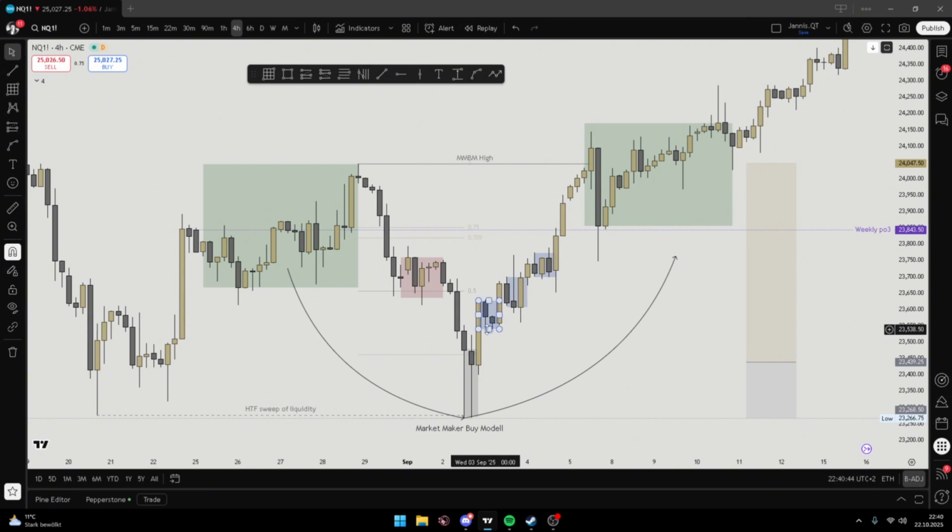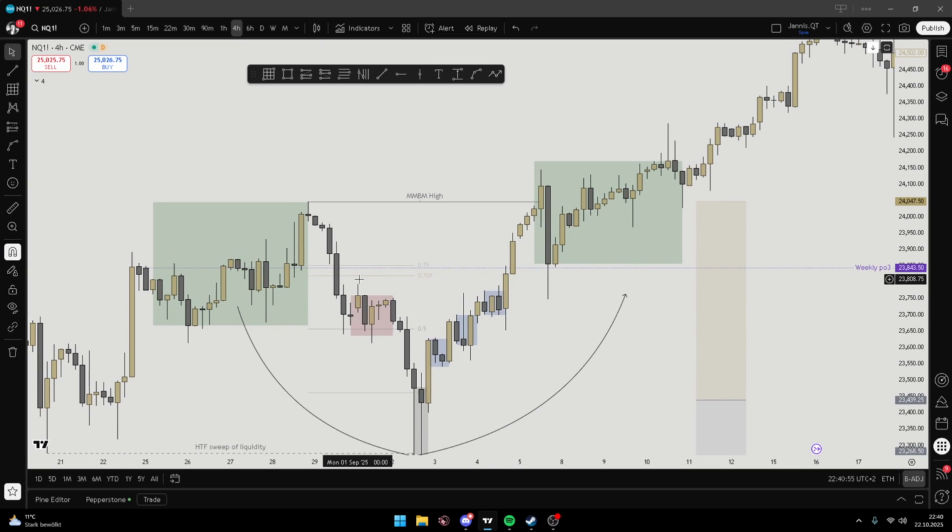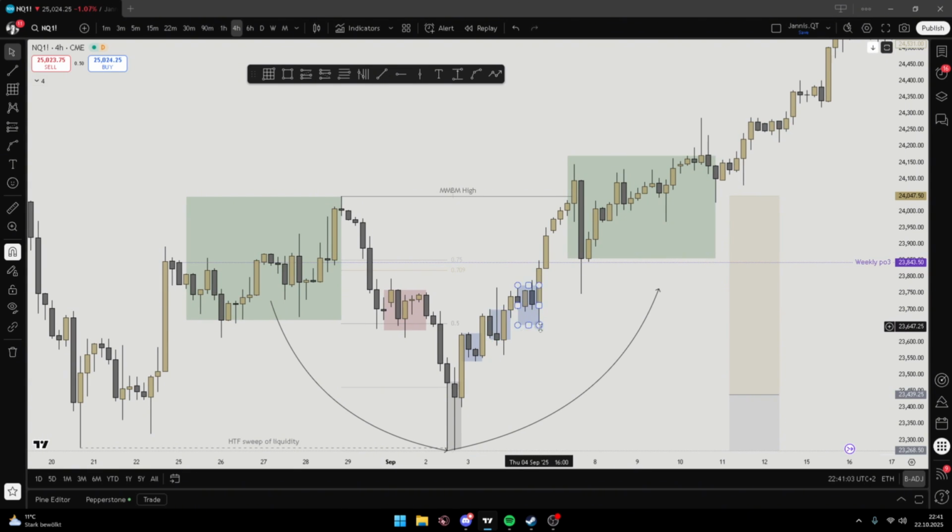You could find an entry here if you didn't find one here. Afterwards, we swept out these highs and hit EQ. We have another entry here. And then here we swept it out and touched this 4-hour gap, and we had another one. So until here, I would say. So here you could find your entry.